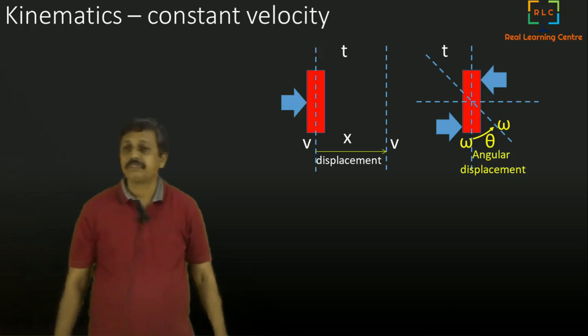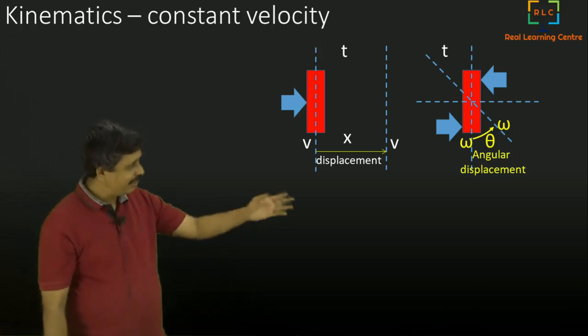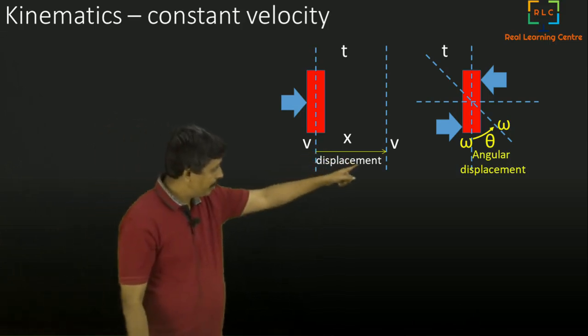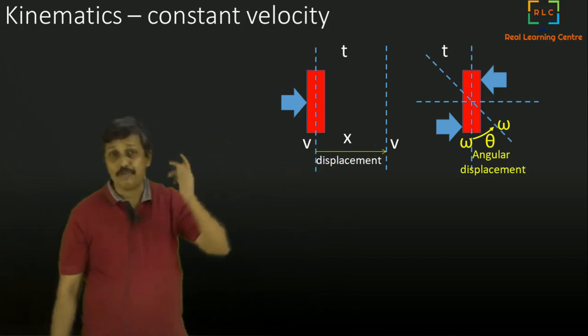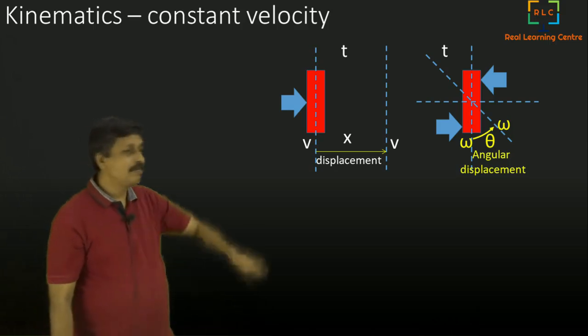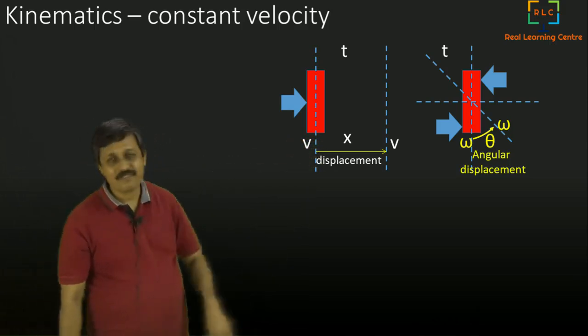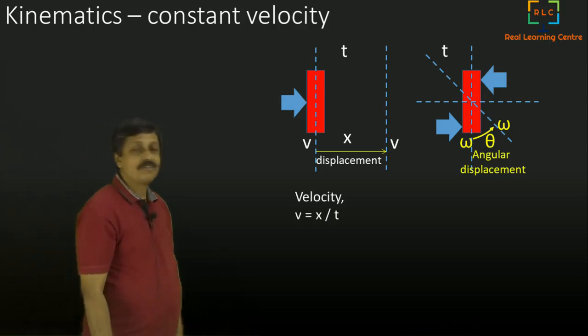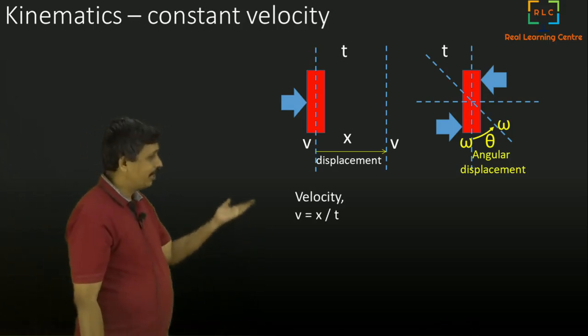Then we find out the displacement. Similarly, on the other side we can see that initial velocity is omega, final velocity is also omega, angular velocity. That means it is all the time rotating with the same rotational speed. So in such scenarios, we will simply say velocity is equal to x by t.